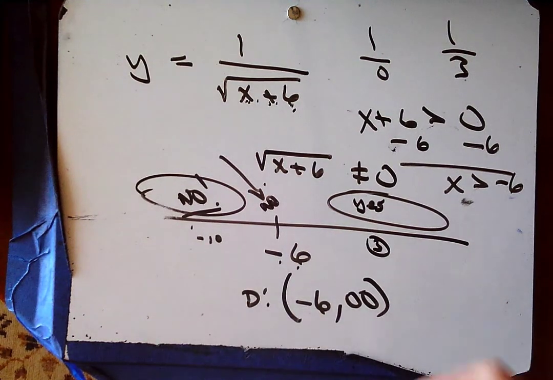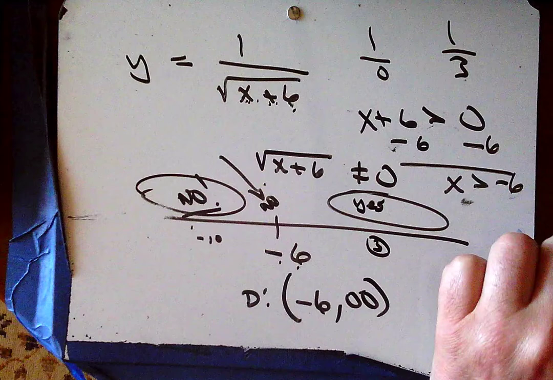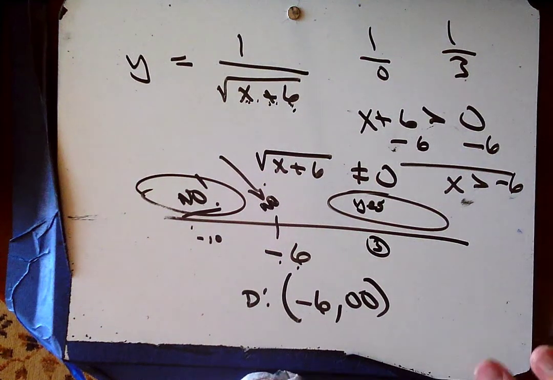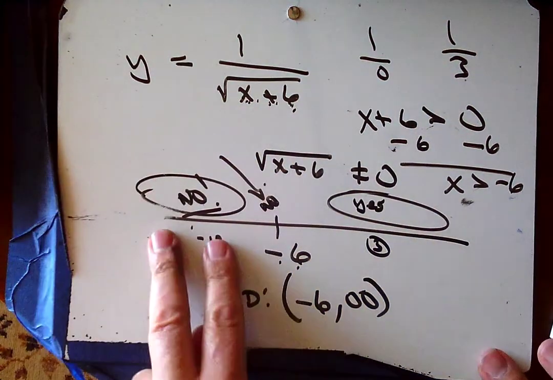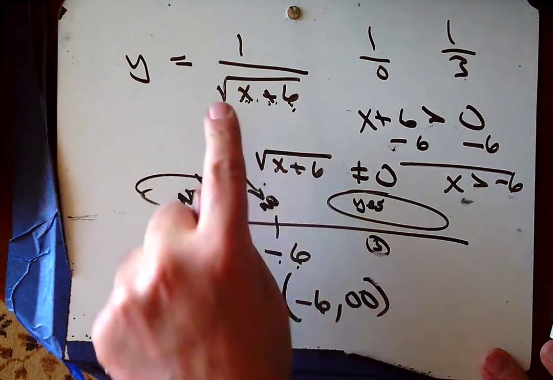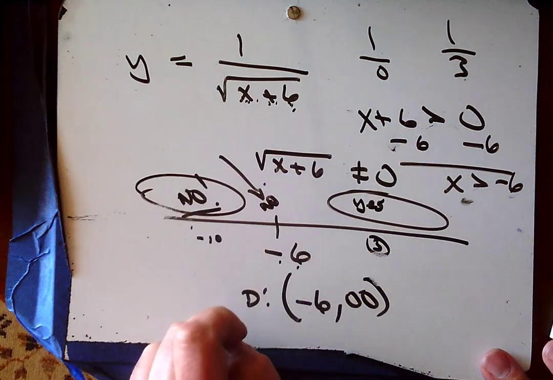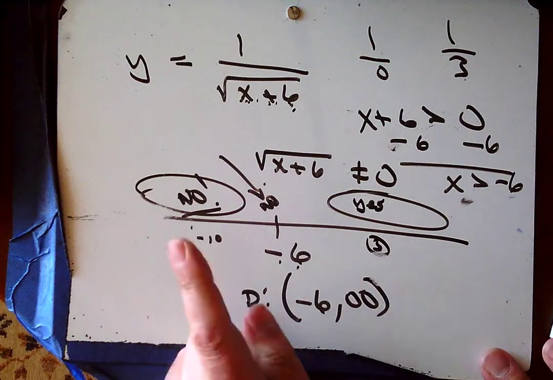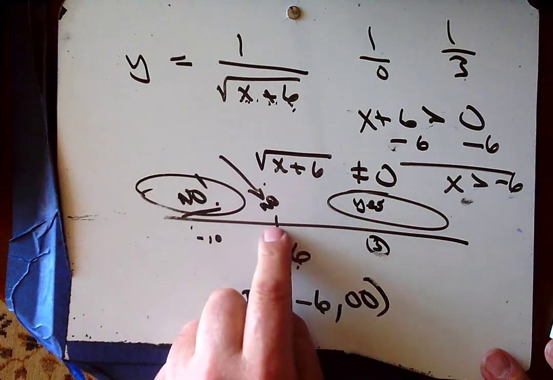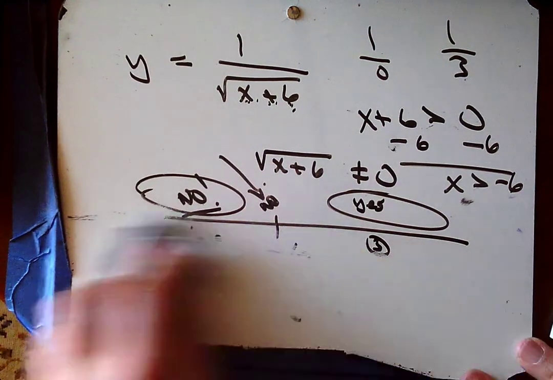Sometimes I have to consider both of these restrictions, and always domain is the most restrictive case. Even though the denominator says I could have these or these, the square root says, no, you can't have this. And even though the radical says you can have this or these, the denominator says, no, I can't be equal to 0. So we're always going to take the most restrictive case.